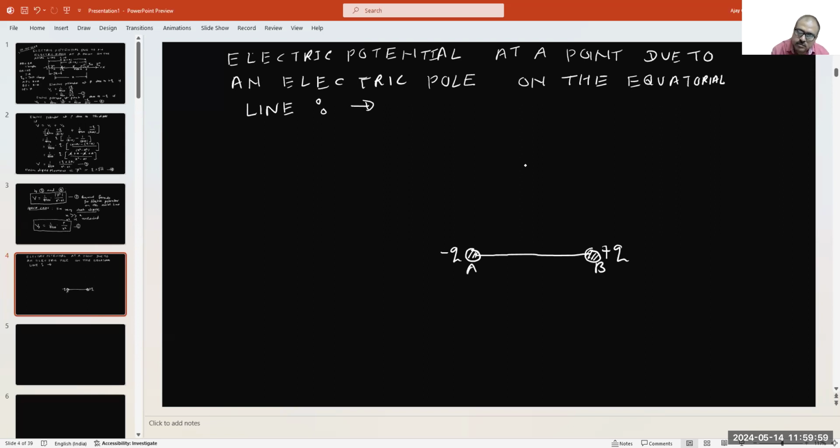Take the midpoint O and write the length of the dipole as 2a, as already discussed. Draw a perpendicular line, with dotted lines, to the midpoint of the dipole, coinciding with O. You write the y-axis here.